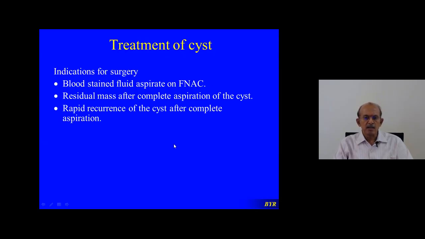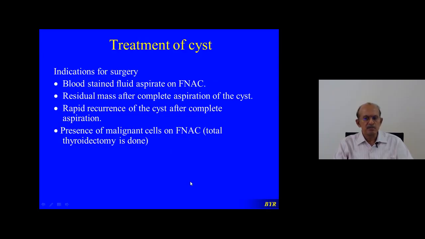Rapid recurrence of the cyst after complete aspiration. The presence of malignant cells on FNAC study. So in these conditions, you have to go for surgery. So please learn these indications by heart. The same indications hold good even for a breast cyst.